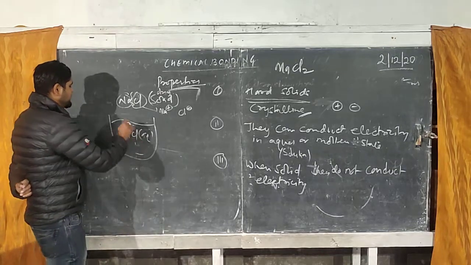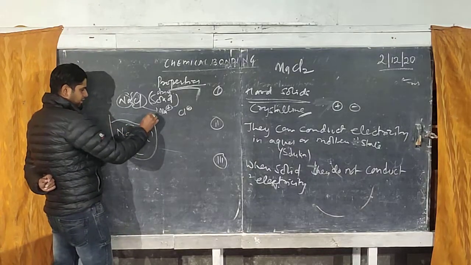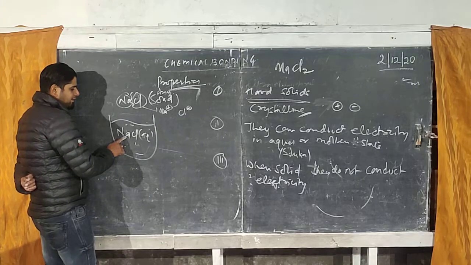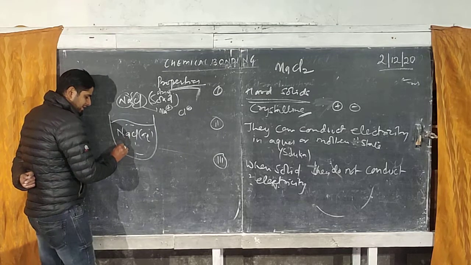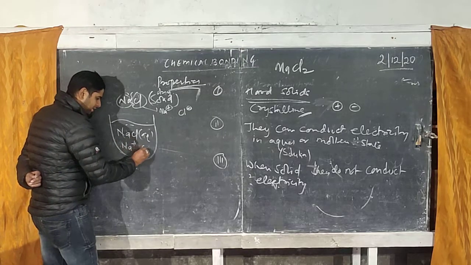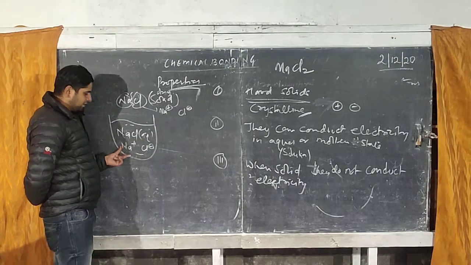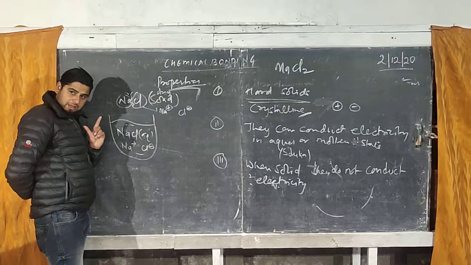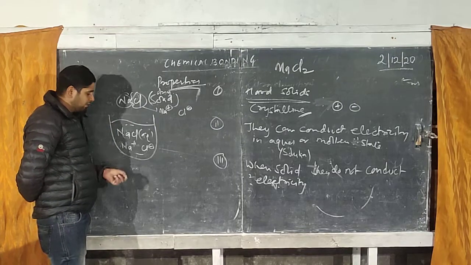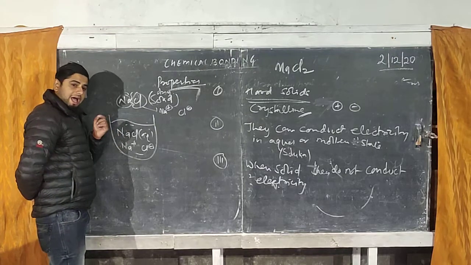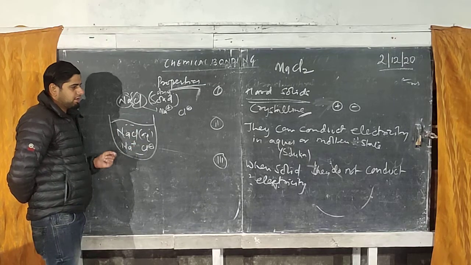Okay, when you dissolve this in water and make a solution, then there is formation of Na plus and Cl minus easily. Then it can conduct, because in solution state ions are responsible for the conduction of electricity.